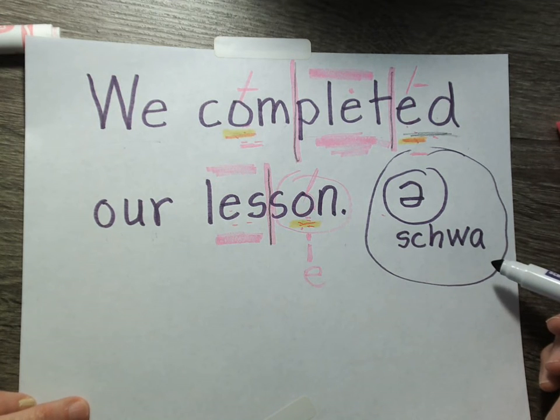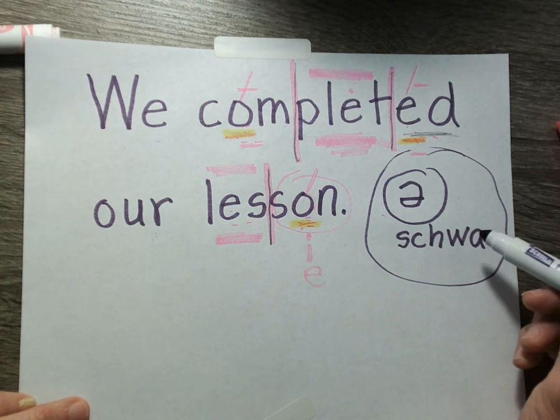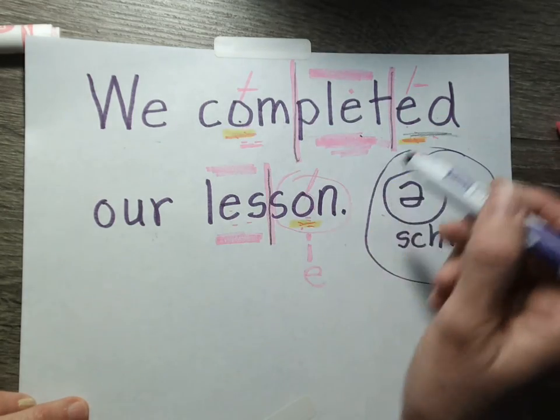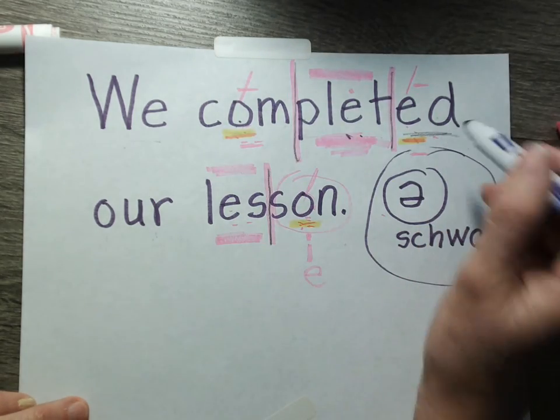And a schwa sound is kind of any short vowel that gets swallowed up. It makes a very fast, unaccented sound. Almost like a little tiny grunt. Lesson, lesson. Complete, completed.